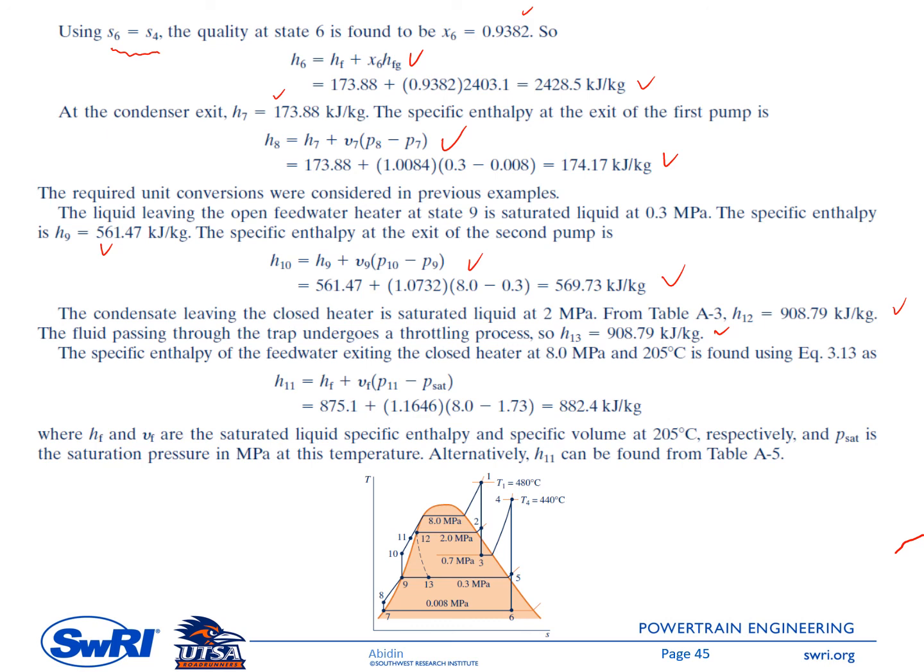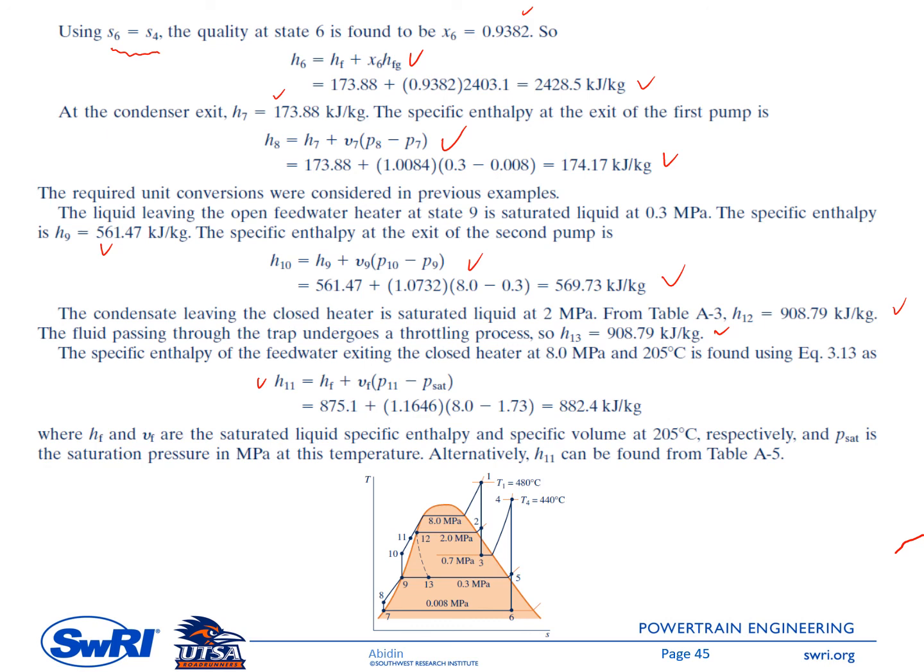And then what is the missing one here? Oh, state number 11. State number 11 here is the point at the exit of the feed water heater, right? Okay. So state number 11 here, we have pressure of 8 megapascal and temperature of 205.